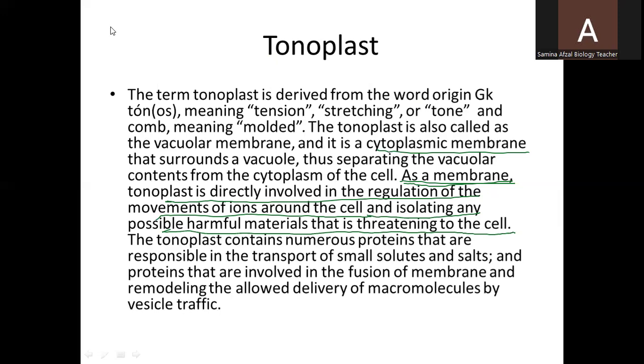In this way, you can see the role of the tonoplast is the same as the plasma membrane, and the structure also resembles one another. Only there is a difference in the phospholipid molecules. Different types of phospholipid molecules can be there in the plasma membrane and in the tonoplast.